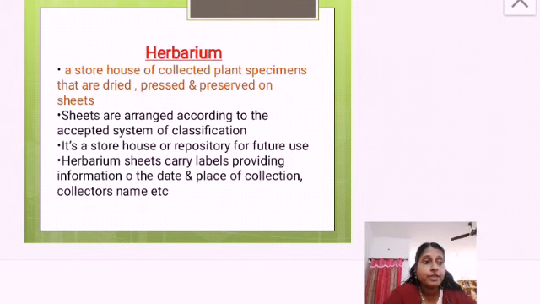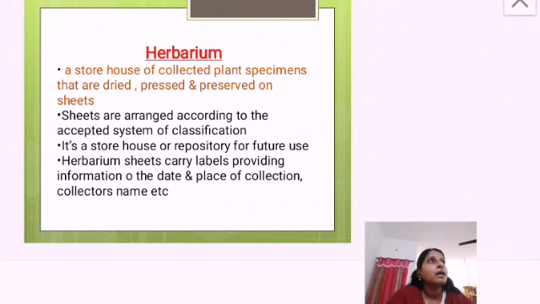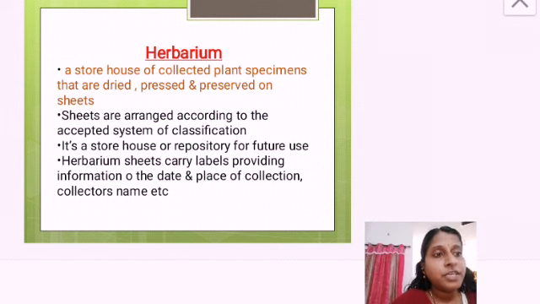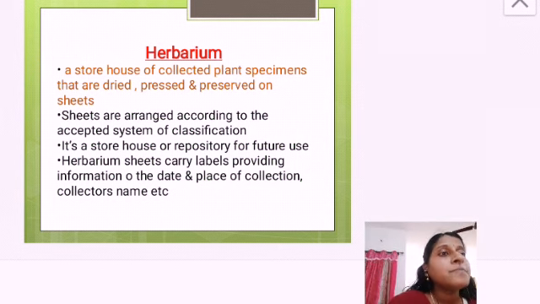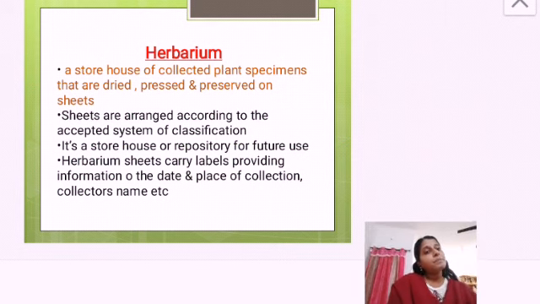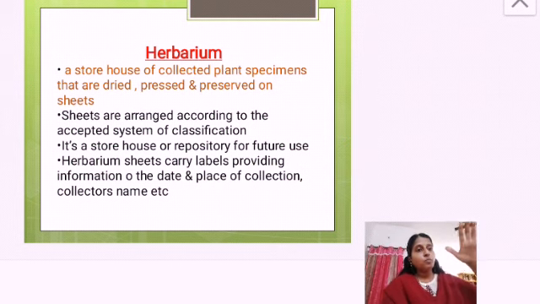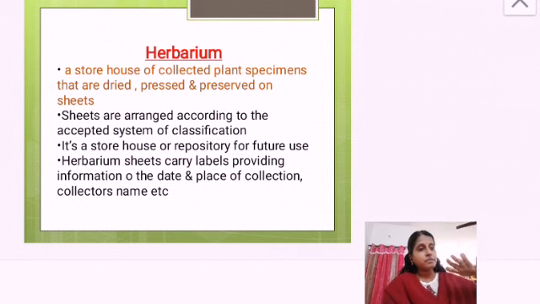Herbarium, you would have heard, in class 12 also we used to do it, though nowadays we are not doing it. What we used to do is collect different plants, herbs, especially the weeds, otherwise we don't disturb the other plants. We collect the weeds along with the roots as well as the flowers, everything, and then press them between newspaper for around 1-2 months so that they dry, and preserve all the features to learn them.